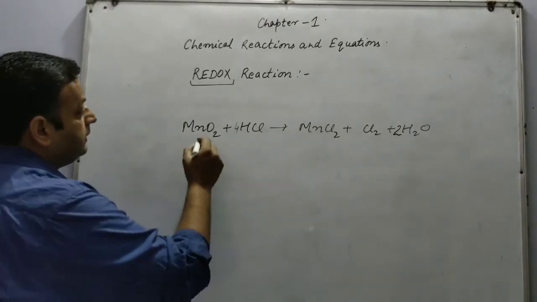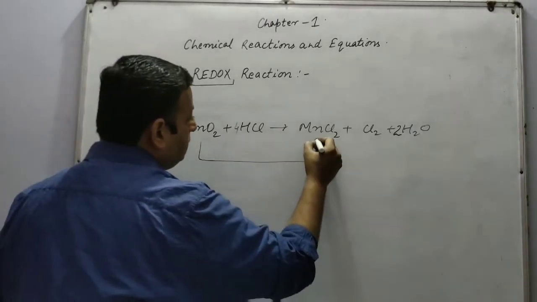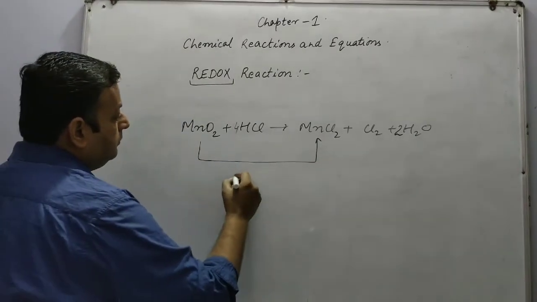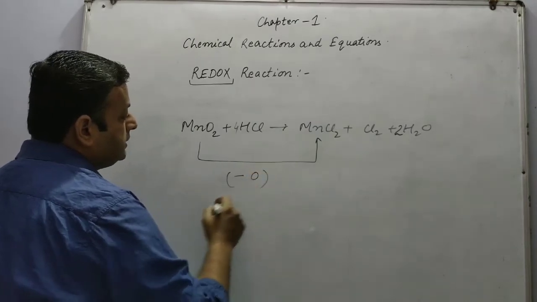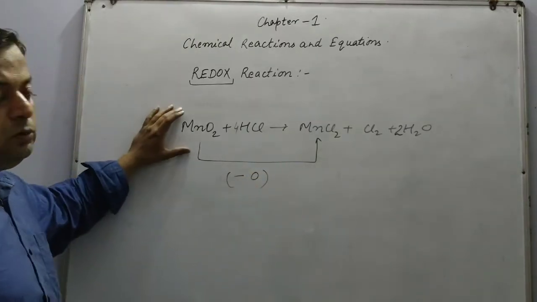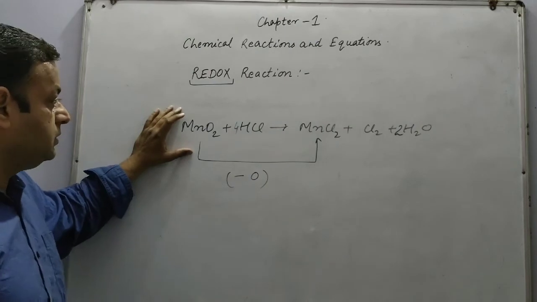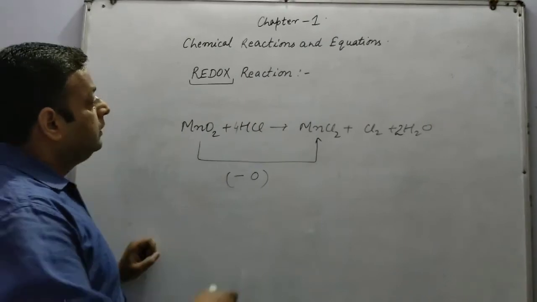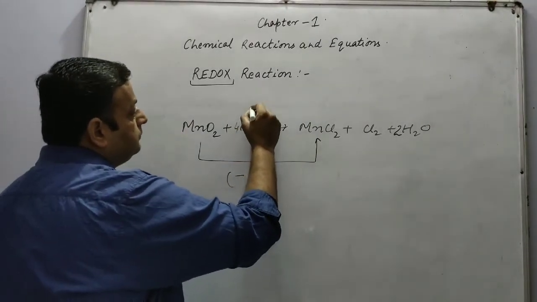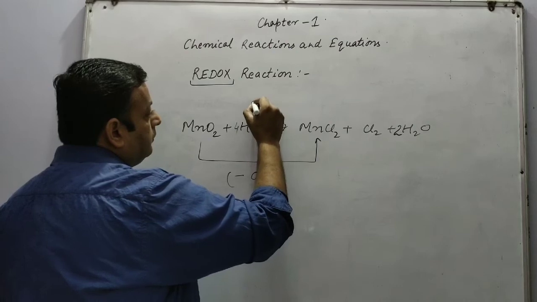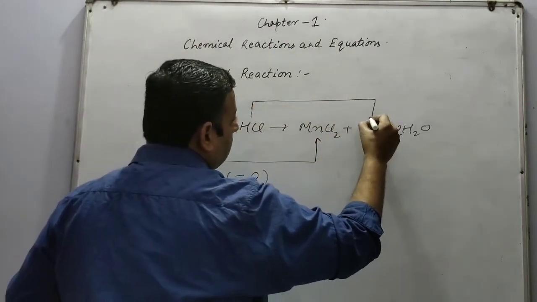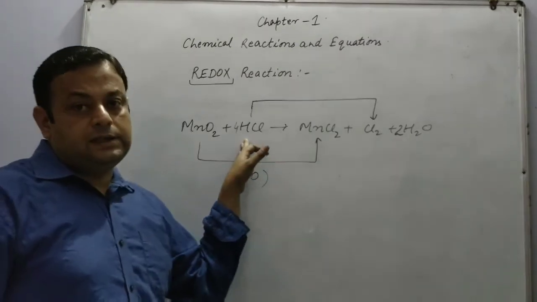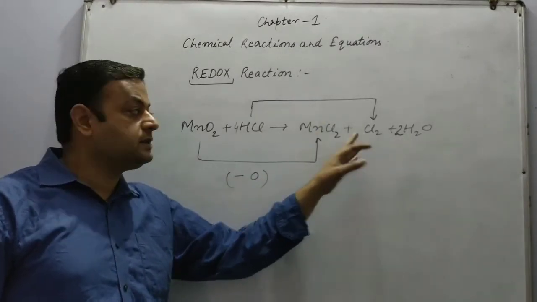In this reaction we can say MnO2 is getting converted into MnCl2. So removal of oxygen. It means MnO2 is getting reduced to form MnCl2, manganese dichloride. Now HCl is being oxidized to form chlorine gas.